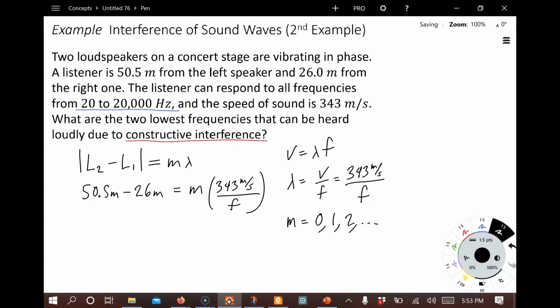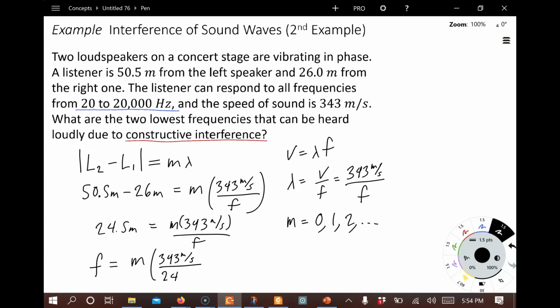So a little bit of math here. 50.5 minus 26 meters gives us 24.5 meters, and that's equal to m times 343 meters per second divided by f. Let's go ahead and solve for f, and we'll leave m in there. So bringing the f to the other side and leaving m there, we have basically 343 meters per second divided by 24.5 meters.